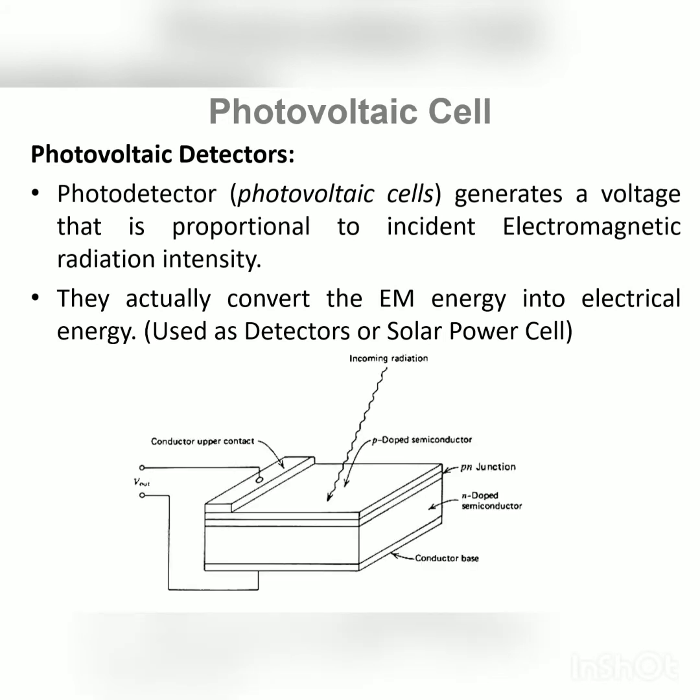The diagram shows the construction of a simple photovoltaic cell, which consists of a PN junction diode. The P layer is very thin as compared to the N layer.